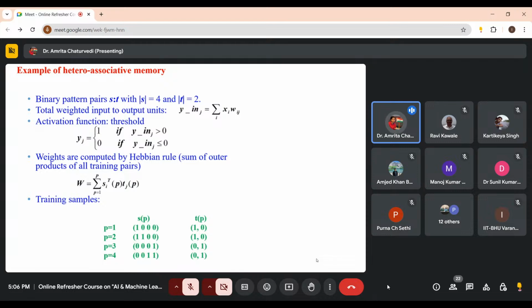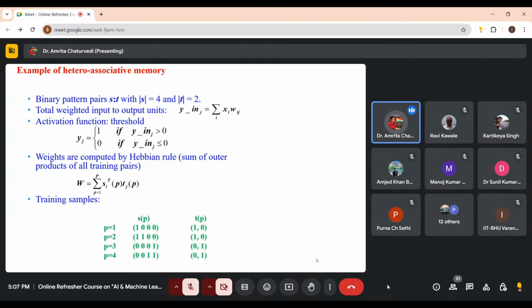The binary pattern pairs are S colon T. Suppose the length of S is 4, that is, the number of neurons in the input layer is 4, and the length of T is 2, that is, the number of neurons in the output layer is 2.